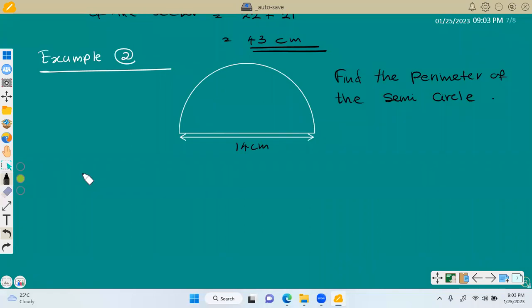First of all, what we do, we find the arc length, no? How do we find the arc length? Now it is easy. Half into 2πr. Then 1 upon 2 into 2 into 22 over 7 into the radius. Now what is the radius? Radius is 14 upon 2, no?